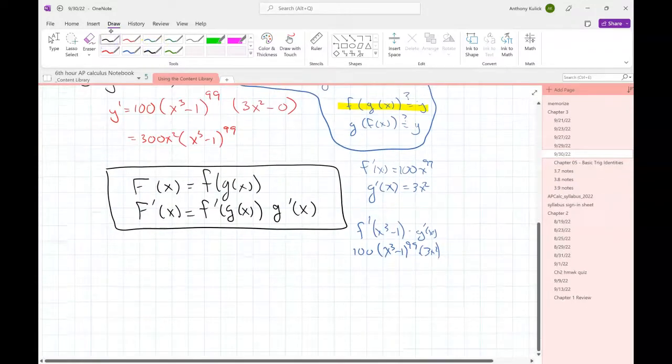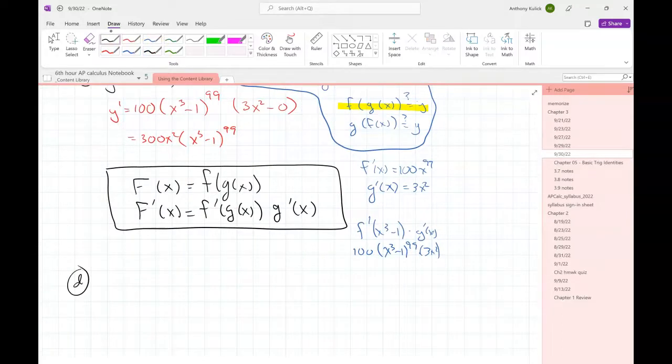But before we do that, I want to look at some situations where we can use algebra to make our lives a little bit simpler.